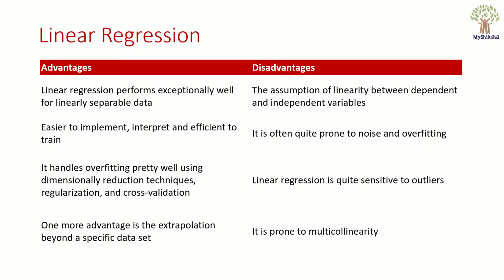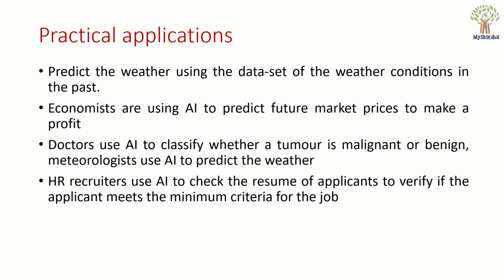If they are connected, that is what is called collinearity. If multiple variables are collinear, then it is going to affect the model's accuracy. The equation may not be a perfect one. So these are the primary advantages and disadvantages of linear regression.